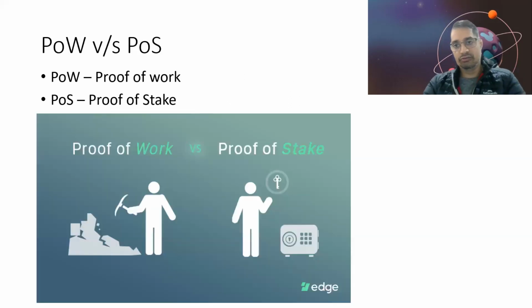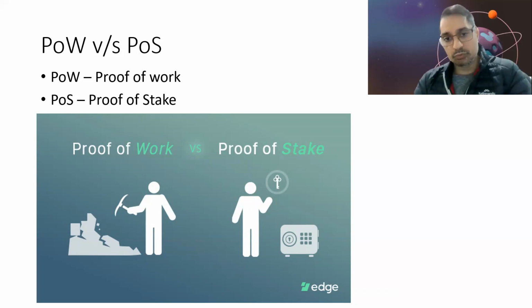Let's move on. Cosmos is a proof of stake blockchain. It's a bit different from the way Bitcoin and Ethereum work. Bitcoin and Ethereum at the moment are proof of work chains where the mining happens. As compared to that, in proof of stake you have to provide a number of coins as a stake, and the algorithm differs in those terms.